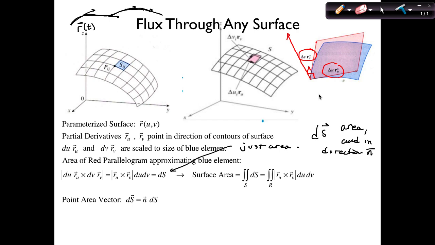How do we get the orthogonal unit vector to those two sides of the parallelogram? I want just n now. I don't want dS, I just want n. What would you do? Yeah, take the cross product and divide by the magnitude. You take the cross product and then divide by the magnitude of that, and that would be the n, just the direction.